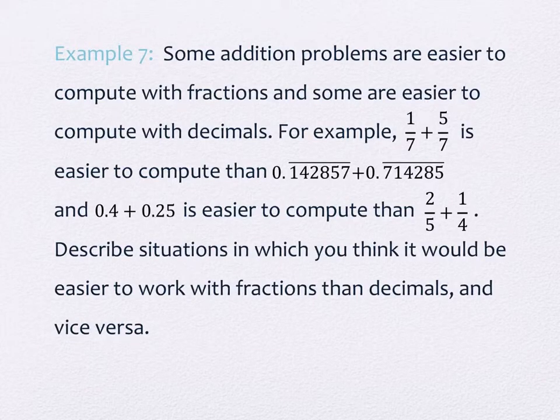All about it's easier if or when. So when is it easier to work with fractions? What kinds of things do you notice with their examples? When do you think it would be easier to work with fractions? I agree.